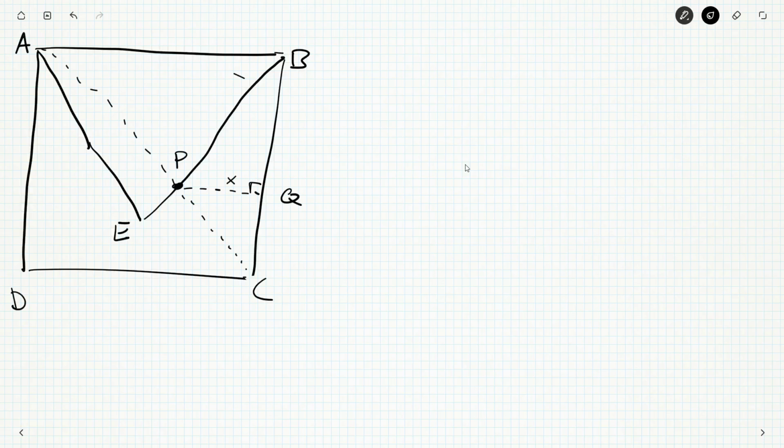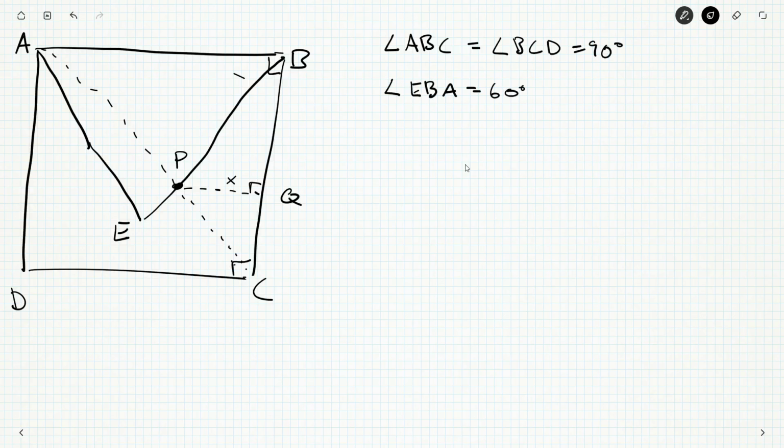Okay, so we want some angles. Well, angles ABC and BCD are 90 degrees. Okay, they're 90 degrees right here. That's a nice, obvious statement. You can also say because it's equilateral, we know that angle EBA is 60 degrees. And of course, you can write a sentence, this is equilateral.